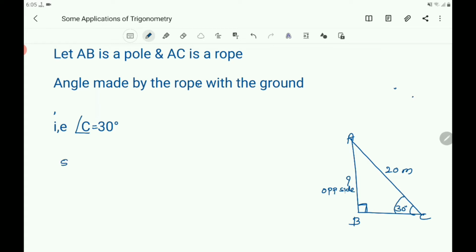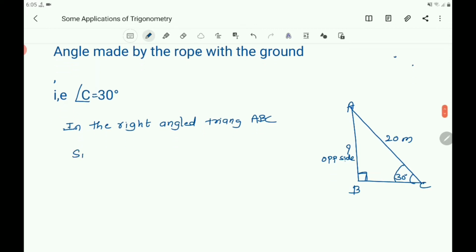So you take sin C equal, first you write, in the right angled triangle ABC, sin C, because it is an acute angle, take the sin ratio as hypotenuse is given and we have to find its opposite side.